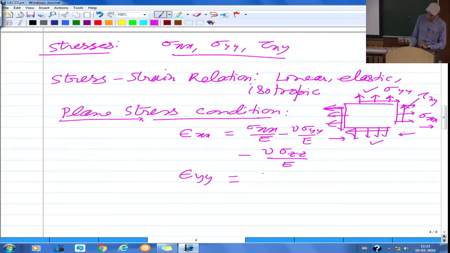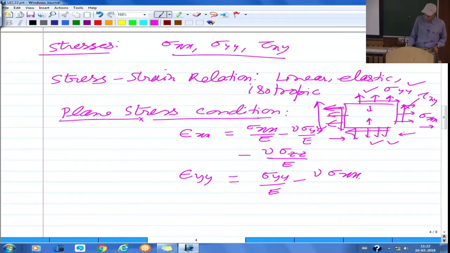So similarly, directly because of sigma yy, you will have sigma yy by E as your epsilon yy, that is, this stress sigma yy is trying to elongate this dimension, but then sigma xx would try to contract this. So minus nu times sigma xx upon E minus nu times sigma zz upon E, similarly due to z.